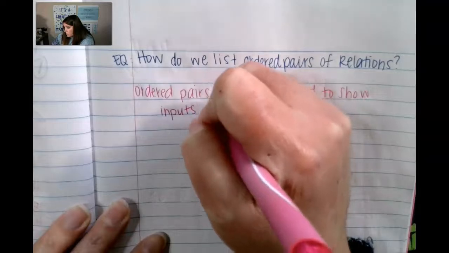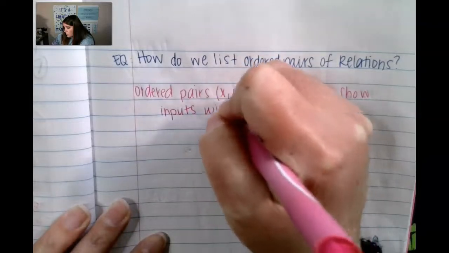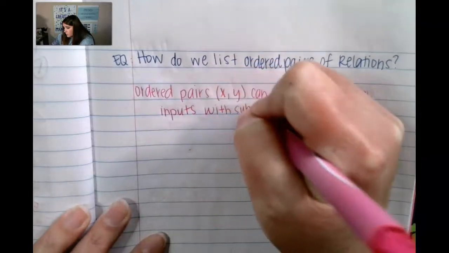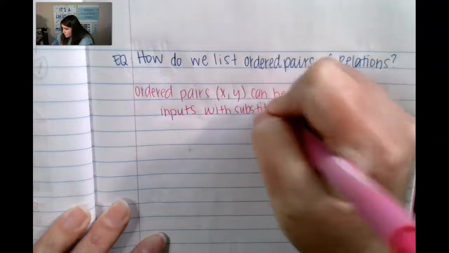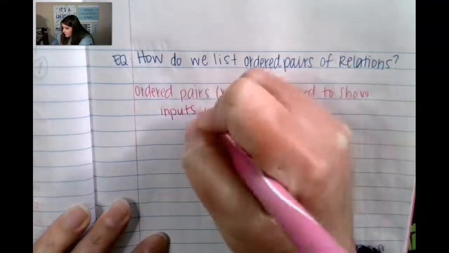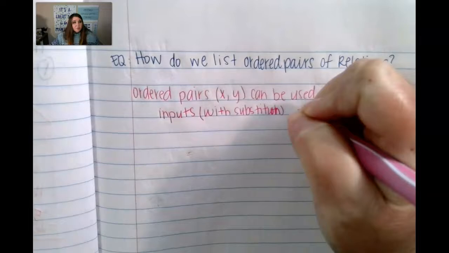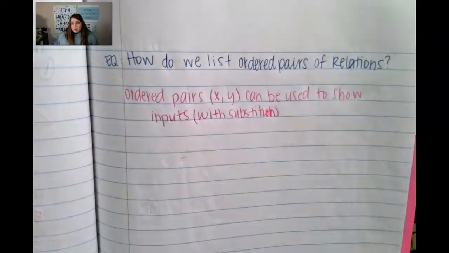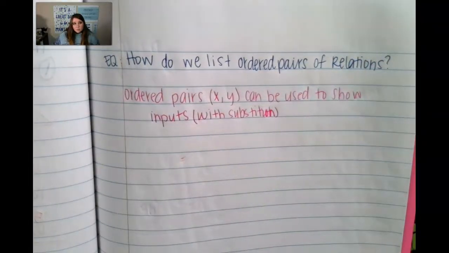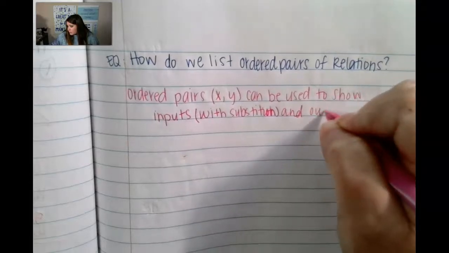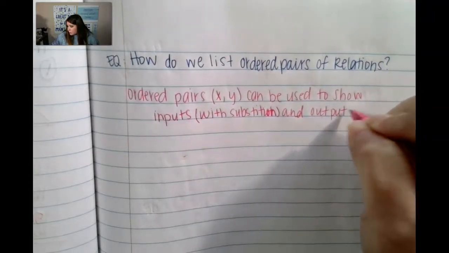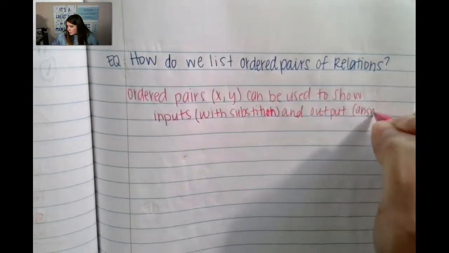So input, substitution, and then we get an output. They can be used to show inputs with substitution and outputs, which are the answers.